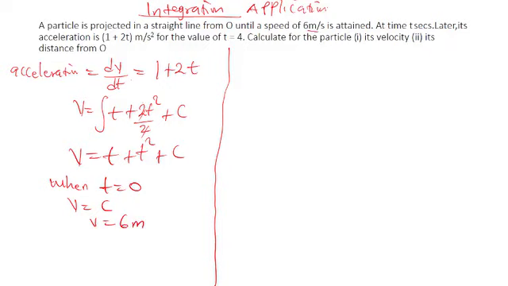So that is to say our c is equal to 6. So let's go into writing the equation. The value of our v becomes t plus t squared plus 6.